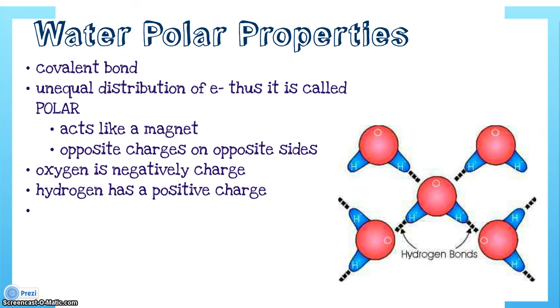Water has a few properties. We've already talked about that it does use covalent bonds, meaning it shares electrons. Because of that sharing, it ends up having an unequal distribution of electrons, meaning it has a positive end and it has a negative end.